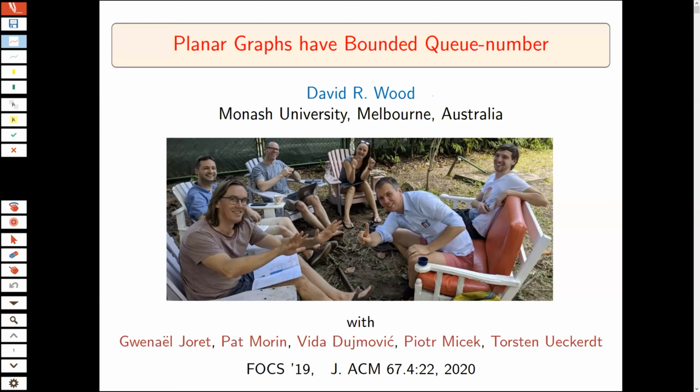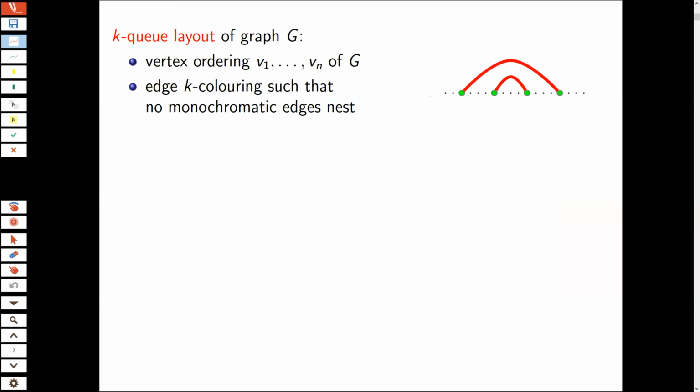I want to talk about Q layouts of planar graphs. This is the question that motivated the development of the planar graph product structure theorem that Pat's just told you about. So what is a Q layout of a graph? So for an integer k, a KQ layout of a graph G has 2 parts.